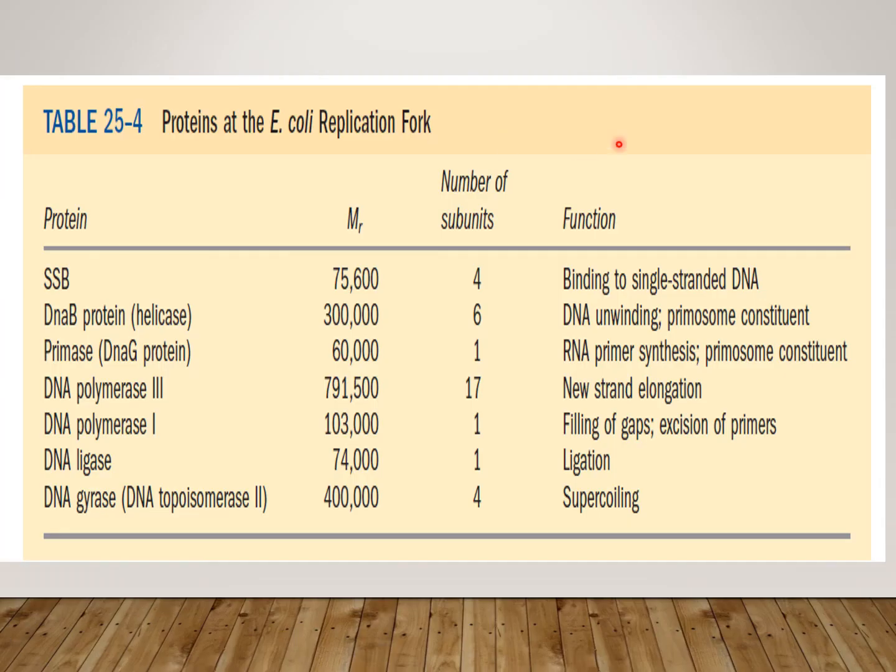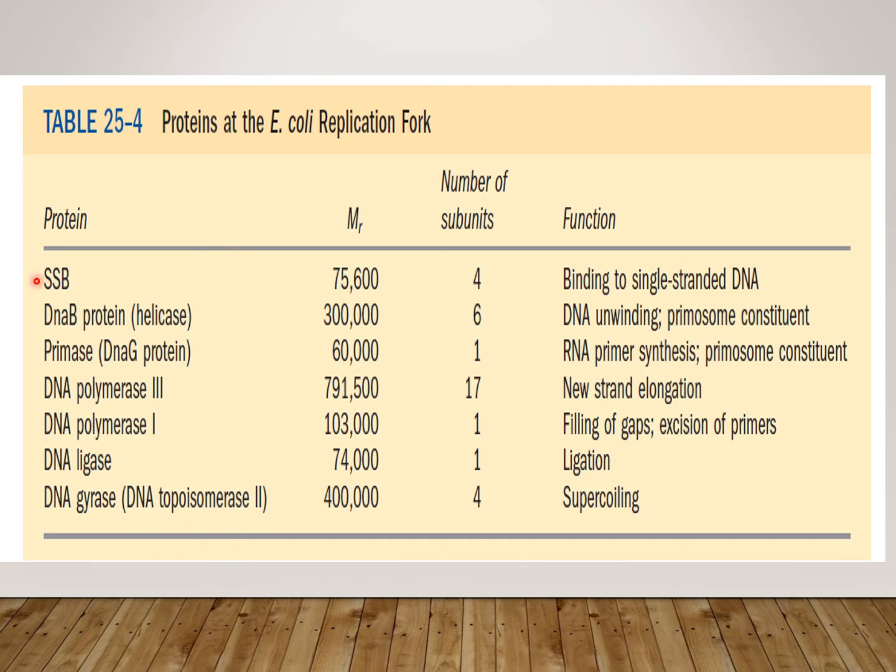Now, in summary, if you understood the entire process of DNA replication in prokaryotes till now, these are the list of enzymes used in the process. Without looking at the right side, you should be able to tell the function of these enzymes.